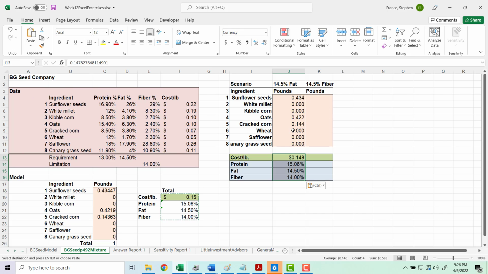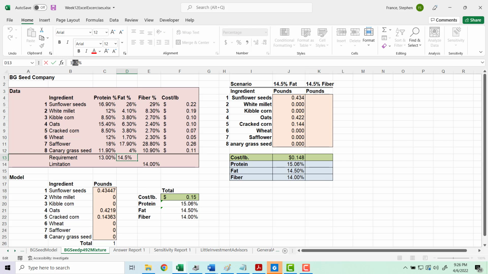And now what we're going to do is compare this with a model where we're going to remove the fat back to 15%, but we're now going to relax this fiber constraint, saying that rather than 14%, we're going to have a limit of 14.5%. So this is going up this time, but that's because it's a limitation.